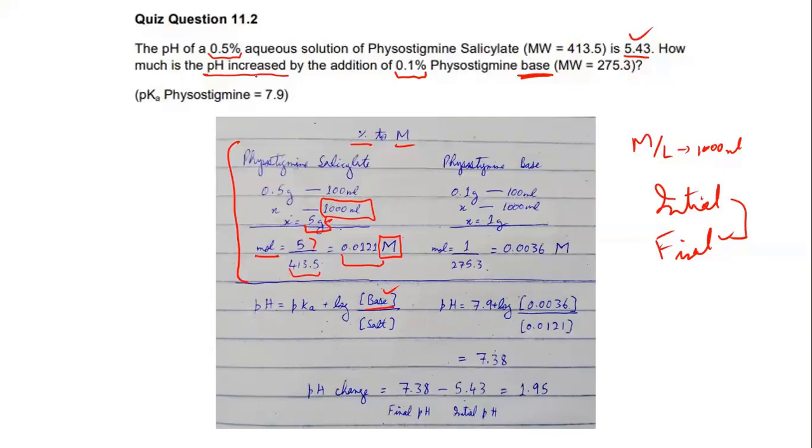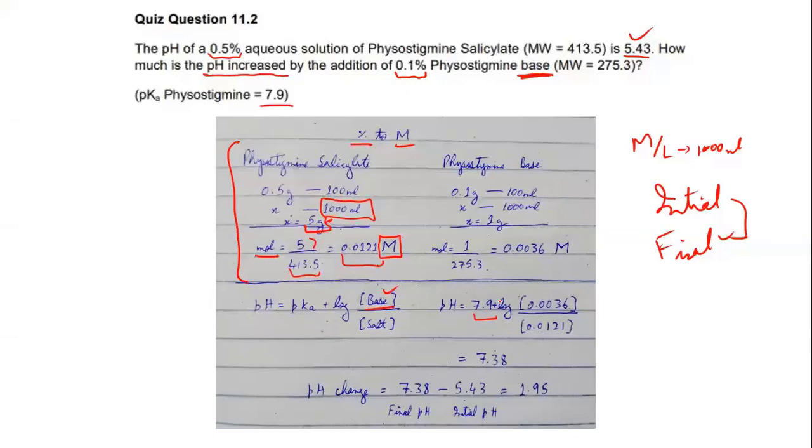Apply the value 7.9. Where is the pKa given? This is the pKa given.